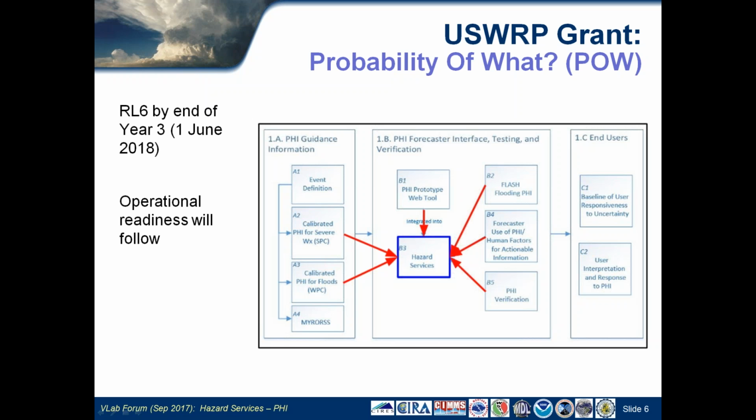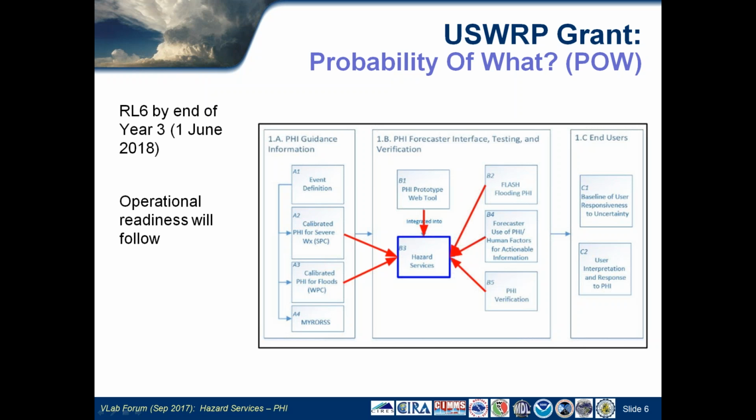What you're looking at here is a picture of the 11 sub-projects that are being funded through the USWRP grant. They span the spectrum of different facets, from the PHI guidance information, the sub-projects on the left, to forecaster tools, testing and verification, the middle box of sub-projects.